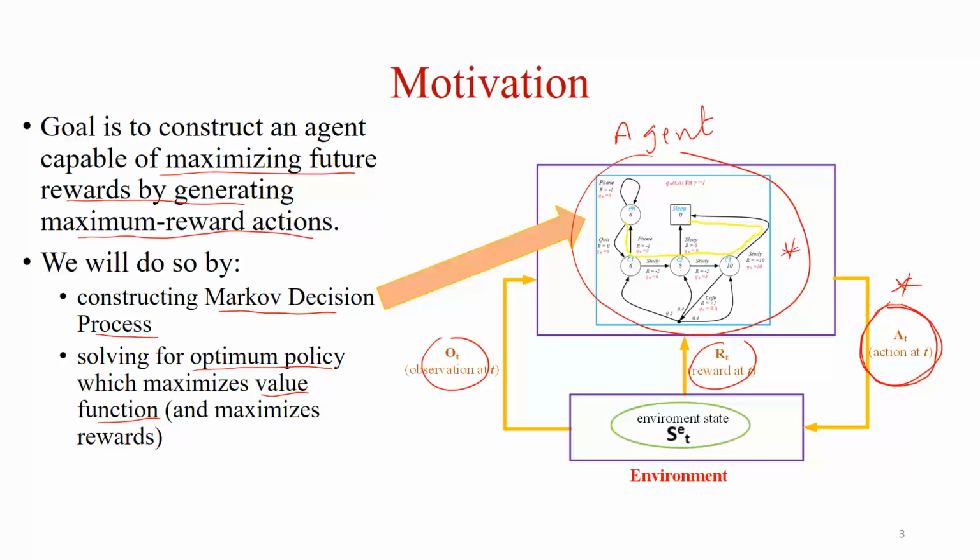And in doing so we determine the optimum policy which provides for me the maximum state value function and maximum action value function that will provide for me maximum rewards through the actions. Okay, so our focus will be on the Markov decision process.